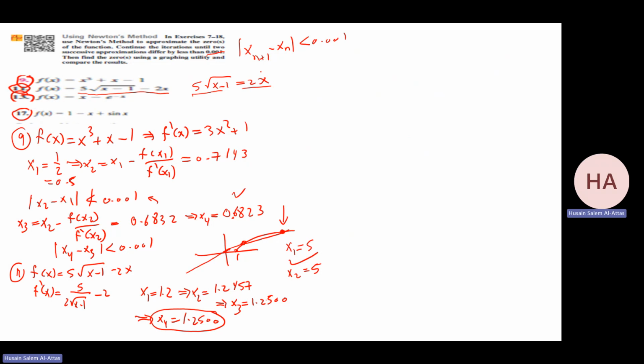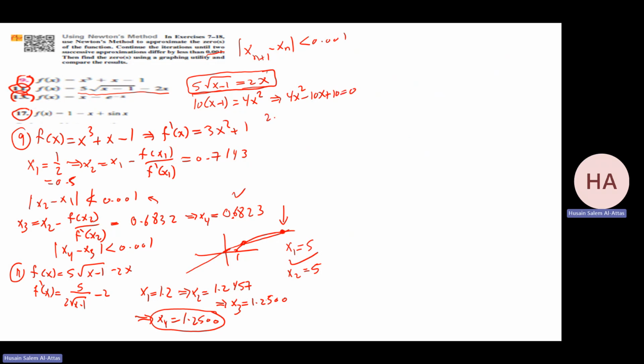By the way, how to find the zeros of this one? Very easy, you just square both sides. That will be 10x minus 1 equal 4x squared. So you need to solve this equation, 4x squared minus 10x plus 10 equals 0.